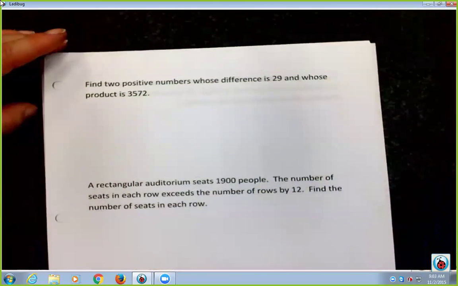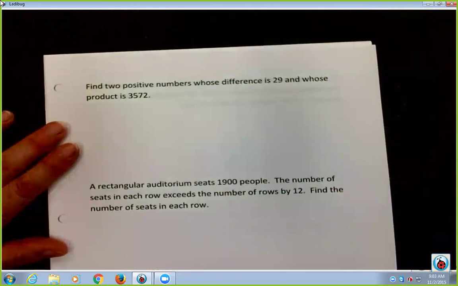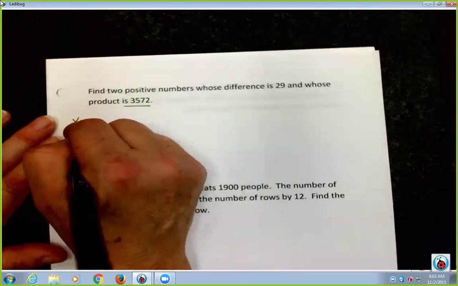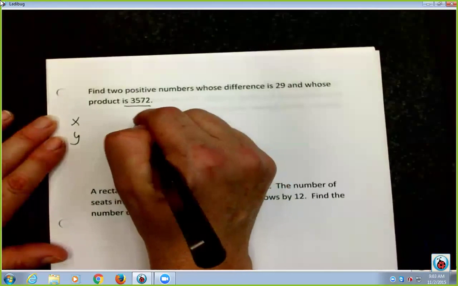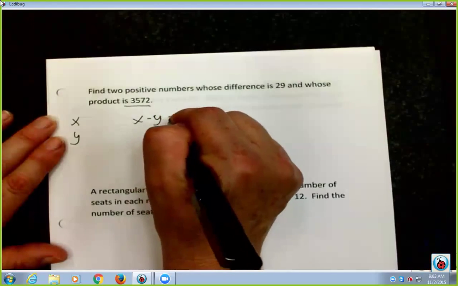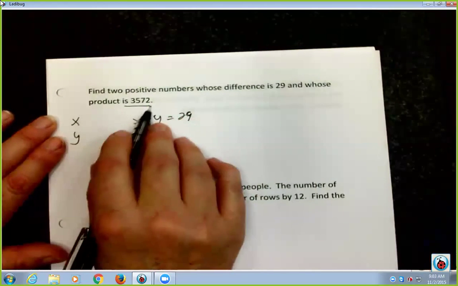Find two positive numbers whose difference is 29 and whose product is this. Two positive numbers, so x and y, whose difference is 29, so x minus y is equal to 29, and whose product is that.